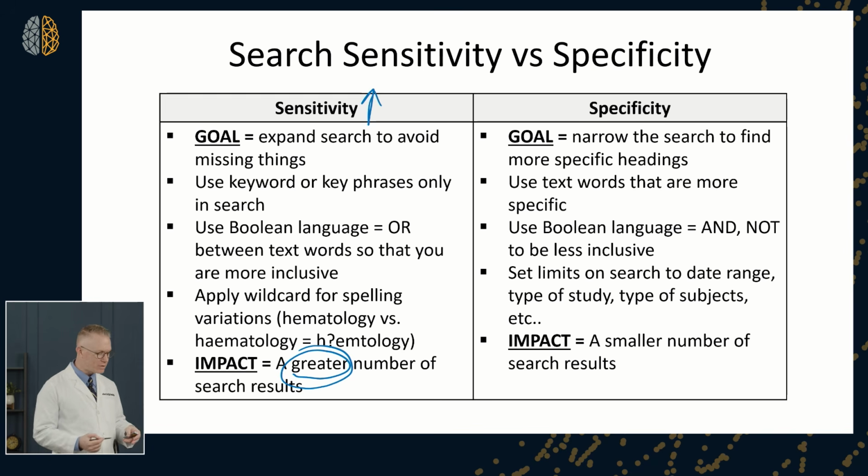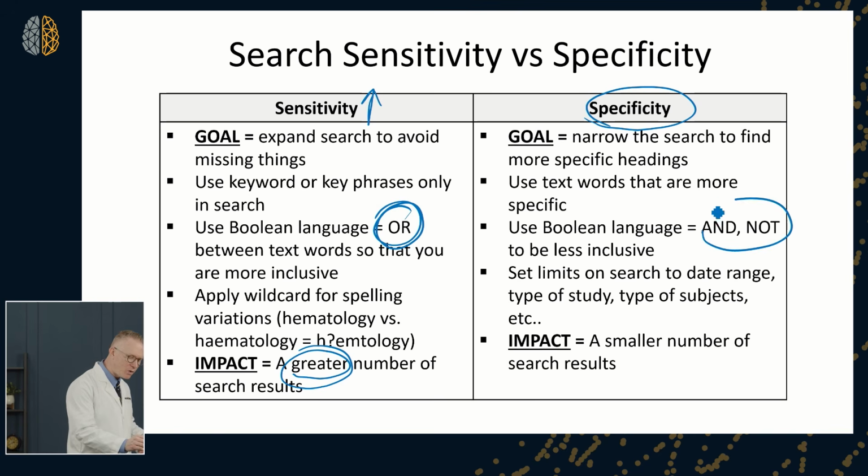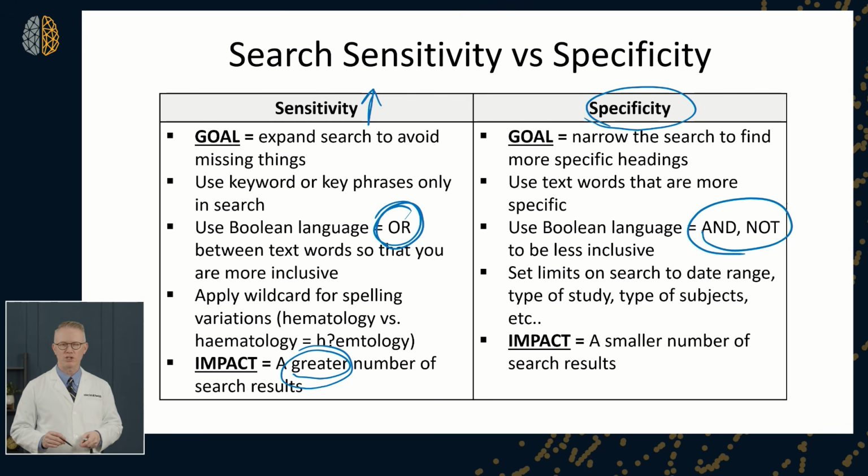I'm going to get more results by doing that. And again, using Boolean language like OR allows me to consider this word or this word or this word, versus if I want to influence the specificity, again, narrow in on more specific headings or abstracts, then using AND or NOT kind of Boolean language will help narrow in on that.